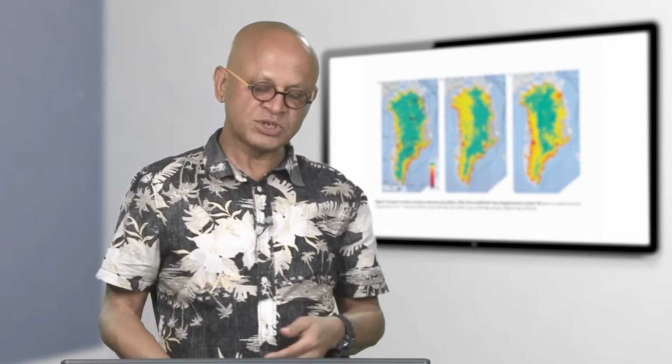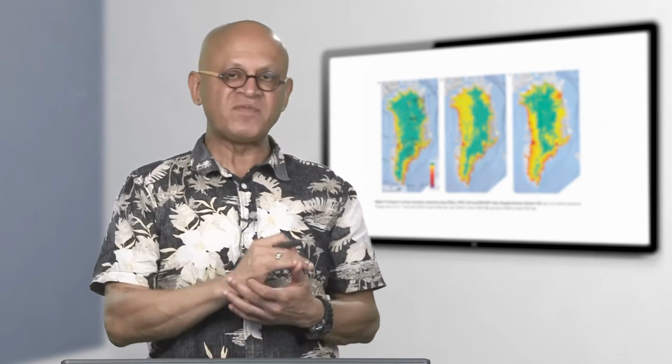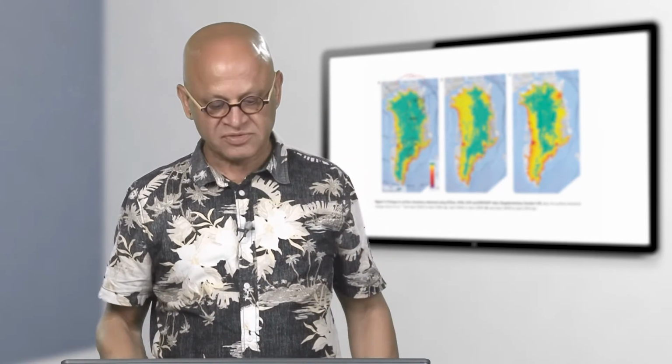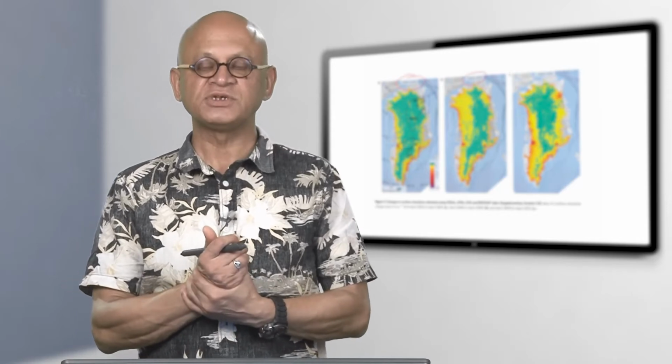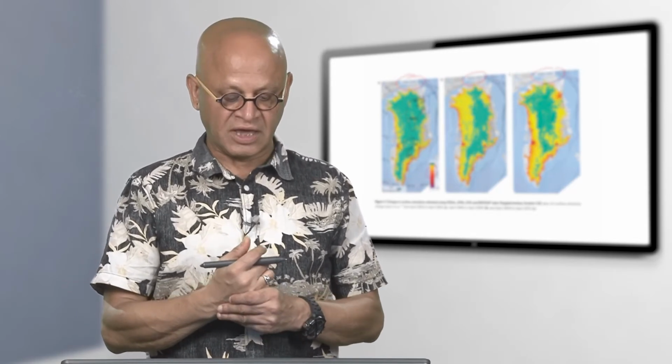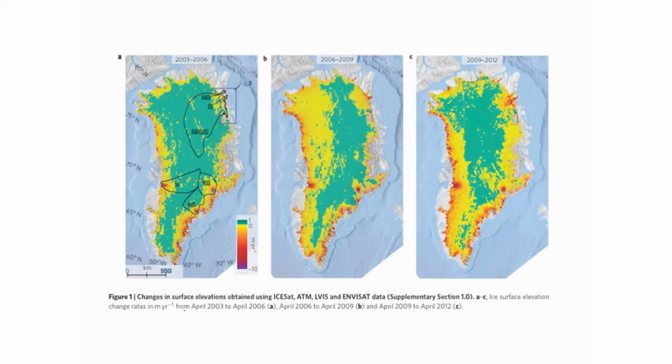So albedo changes, glacier movement changes, and so on. So Greenland has become a spot where lots of observations are being made and lots of new insights are being gathered. So this is showing over the same period changes in surface elevation.